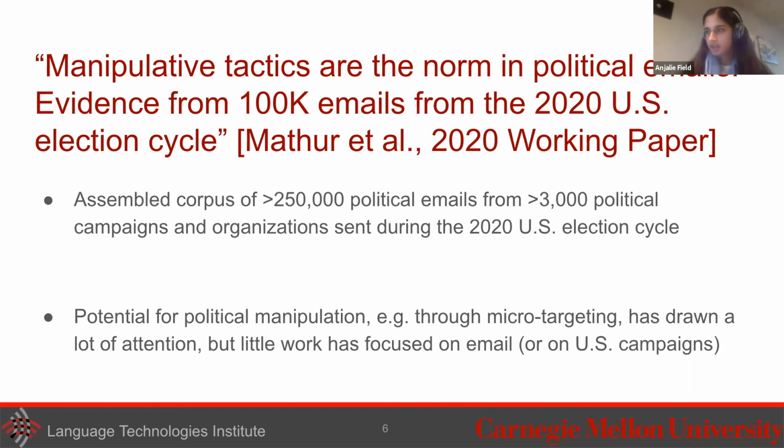There are a lot of questions you could look at with this data, but one of the things they focus on is signs of political manipulation. This is something we know happens a lot. There's been a lot of focus in the last couple of years on micro-targeting, especially on social media and where ads are run on Facebook, but not a lot of work has looked at emails sent by these campaigns.